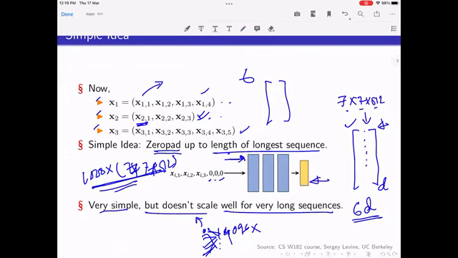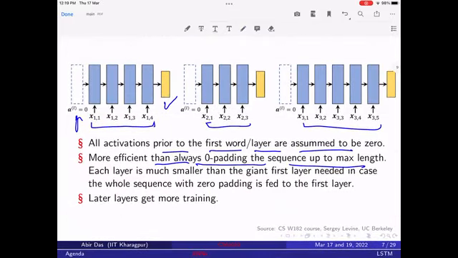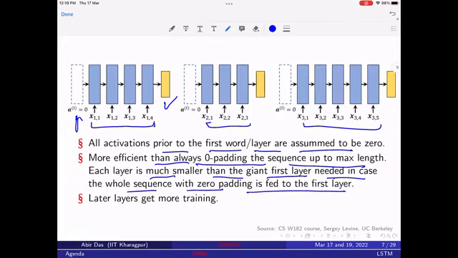Here, each layer is much smaller than the giant first layer needed when the whole zero-padded sequence is fed to a normal neural network. There, the first layer would be giant, since it would have to cater for all the concatenated sequence vectors. So at least this is more scalable.